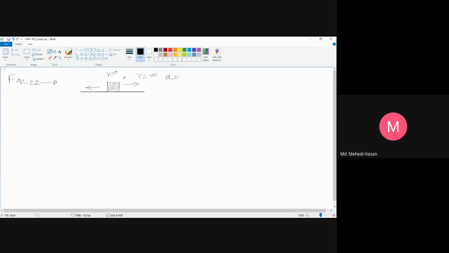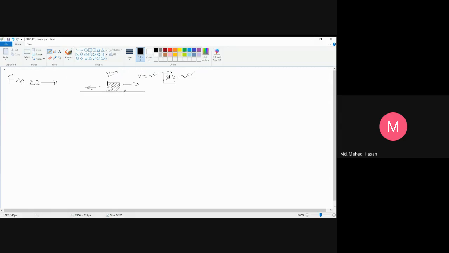Initially velocity is 0, then there will be a velocity, so the velocity is changing, and the velocity change gives the acceleration. So the quantity which produces the motion, or changes the velocity of an object, or produces the acceleration, is called the force.